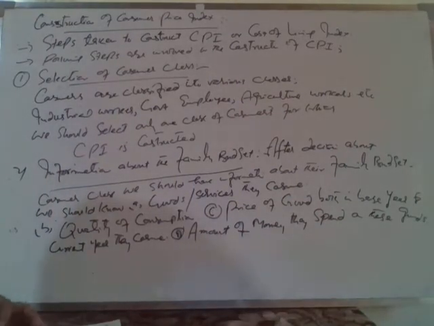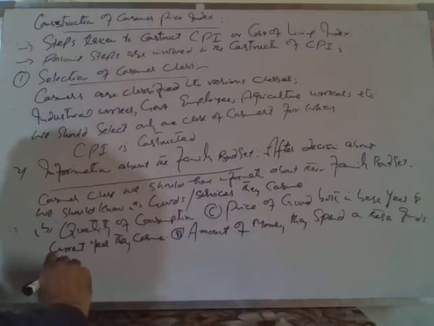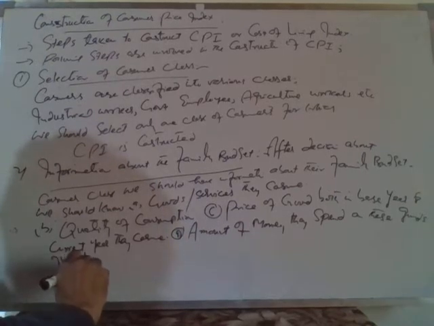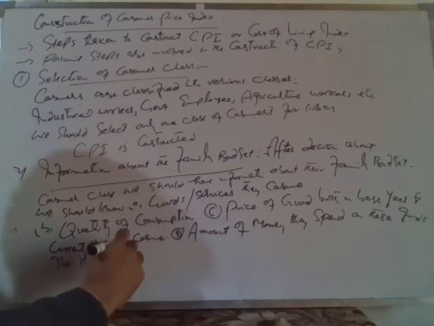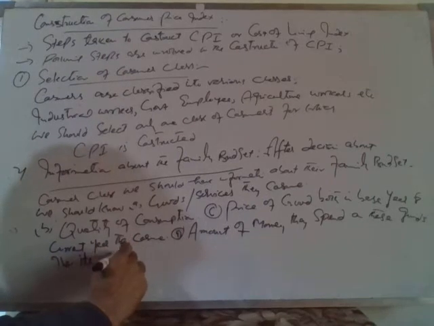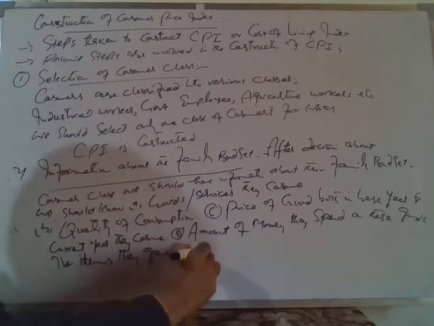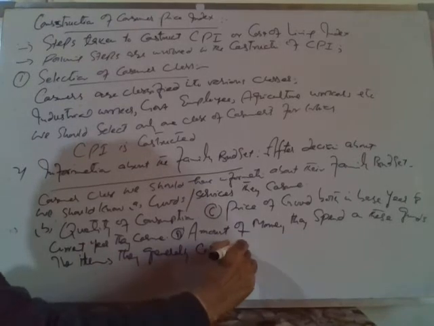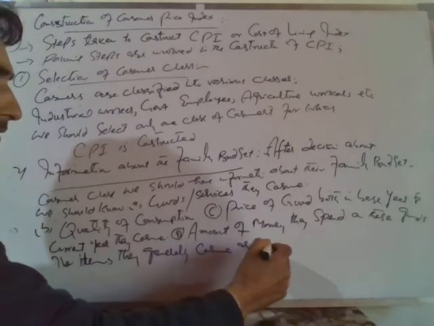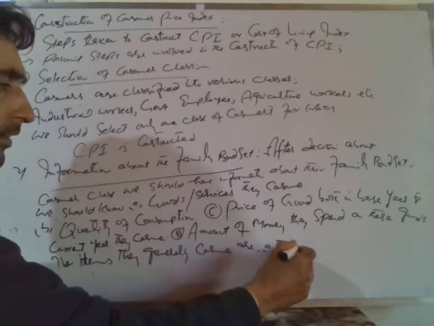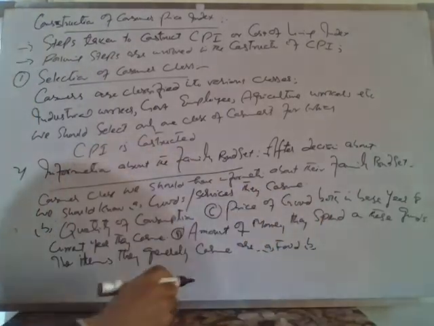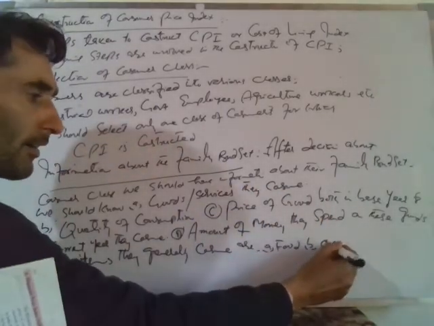The items which are generally consumed may be classified. So the items or goods they generally consume are: A, food. B, we have clothing.